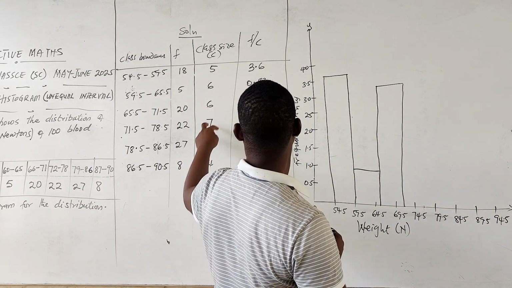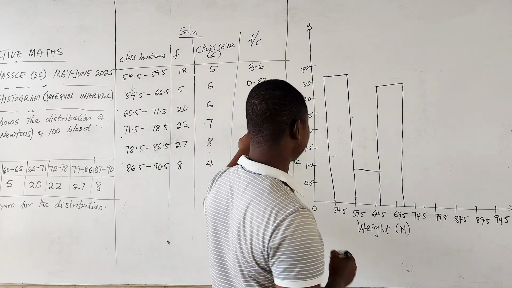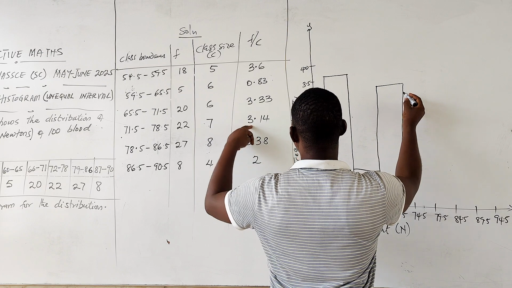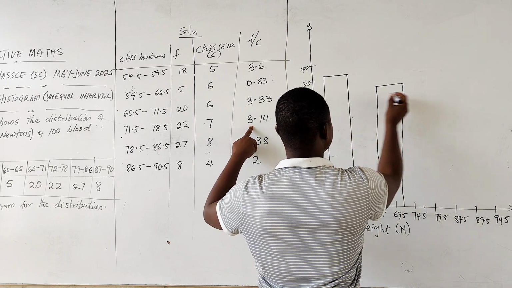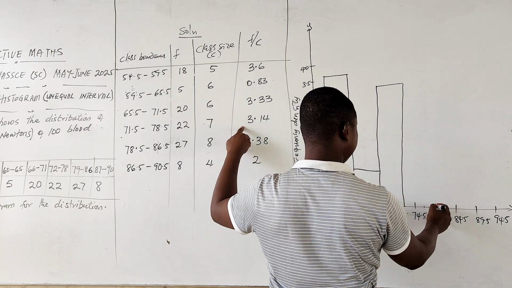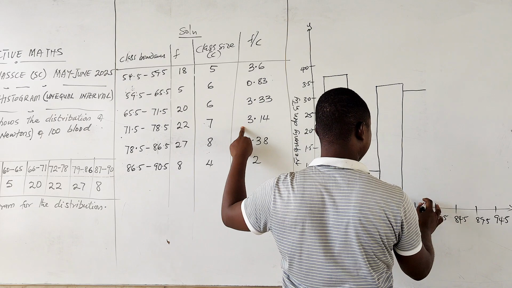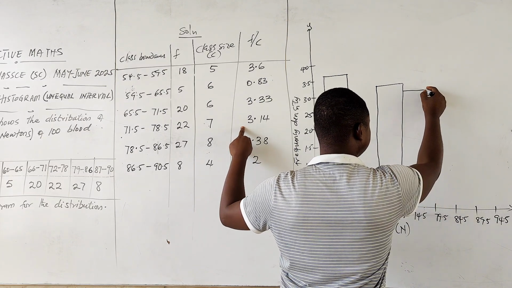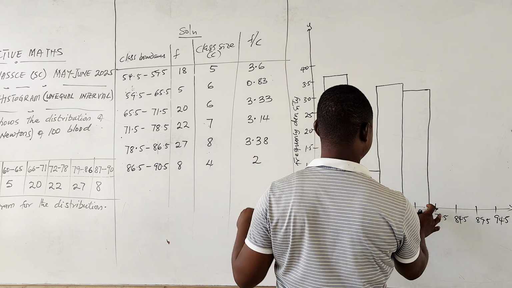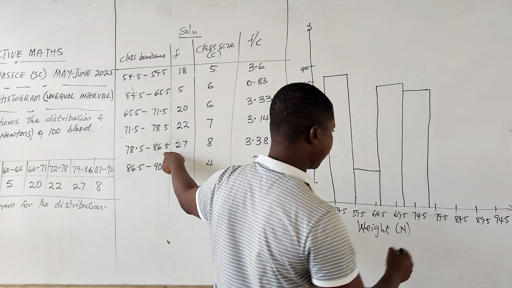Then the next one is from 71.5 to 78.5, and that's 3.14. 3.1 will be somewhere here, up to 78.5, which is somewhere there.